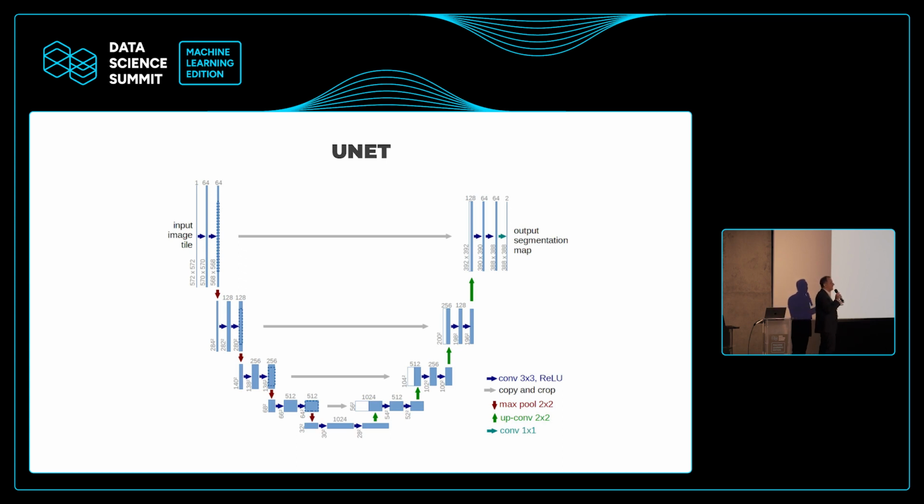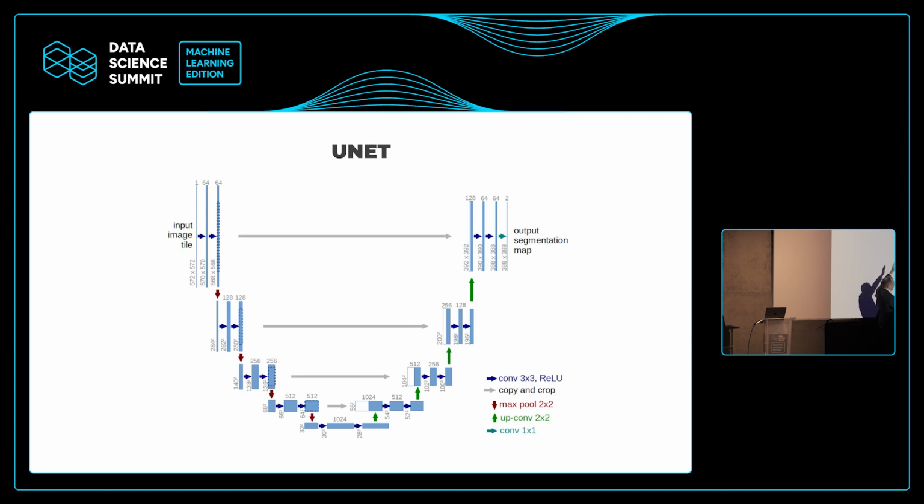UNet is a network that was primarily used in medical imaging to segment those images. But it's actually quite similar to the encoder-decoder philosophy. It has a set of convolutional blocks, also max pools. Basically, there's a contracting path and an expanding path.